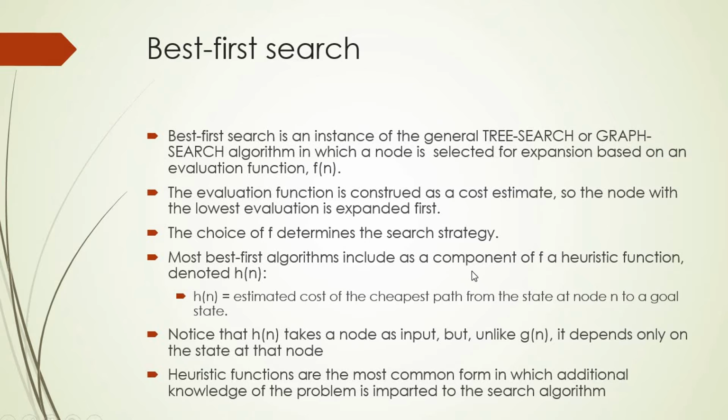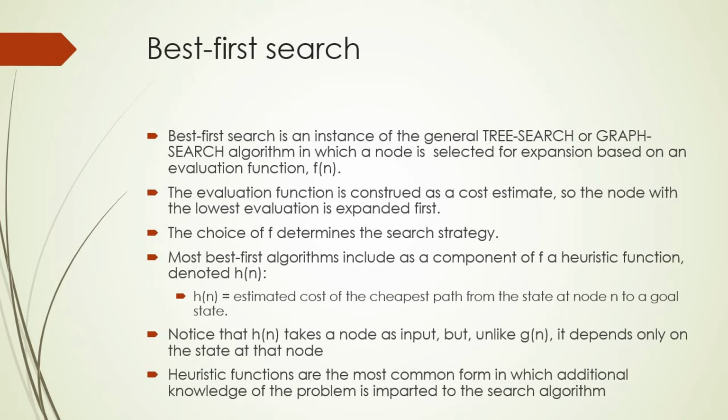Most best first search algorithms include a component of a heuristic function that is denoted by h of n. So h of n is the estimated cost of the cheapest path from the state at the node to a goal which we are trying to achieve.